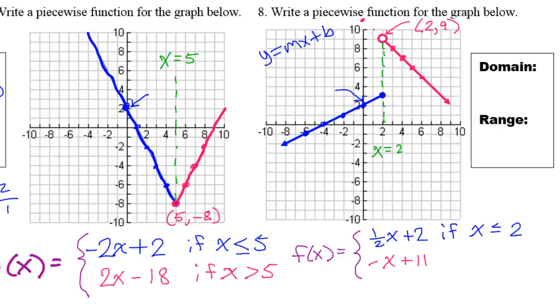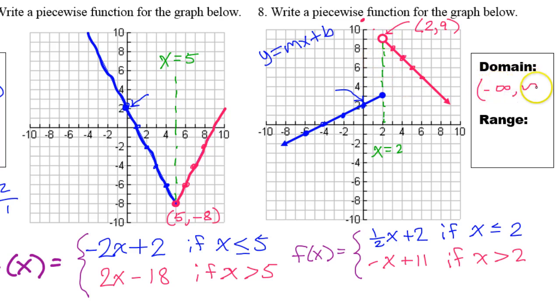Now on the red part, if x is greater than 2. All right, greater because it's going to the right, and it's not equal to because open circle. That just leaves the domain and range. This goes left forever and right forever without missing any x values.